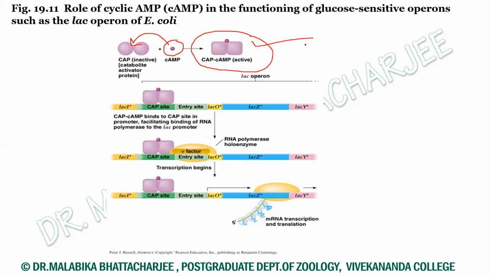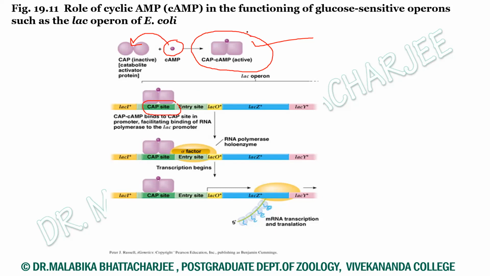You know that there are transcription factors that help in enhancing the transcription rate. This transcription factor recognizes an entry site in the promoter element of the Lac operon, which is known as the CAP site.